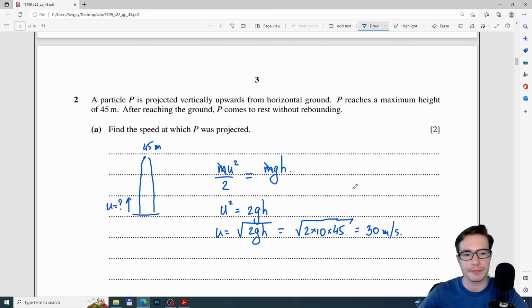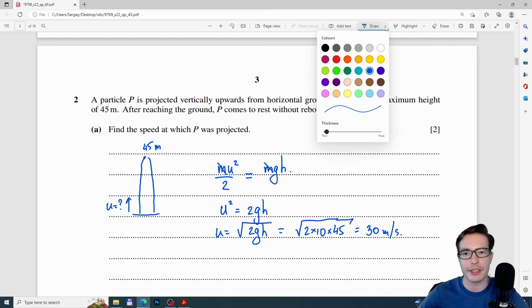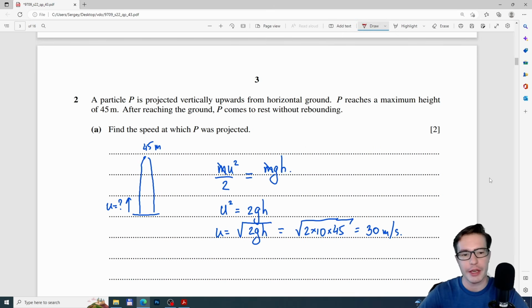Okay, next question, find the total time for which the speed of P is at least 10 meters per second. So now what happens here is that the particle is being projected with initial velocity 30, and as it goes up, its velocity is decreasing. So now at some point, its velocity is going to be 10 meters per second.